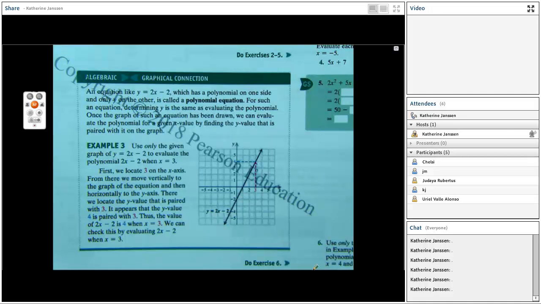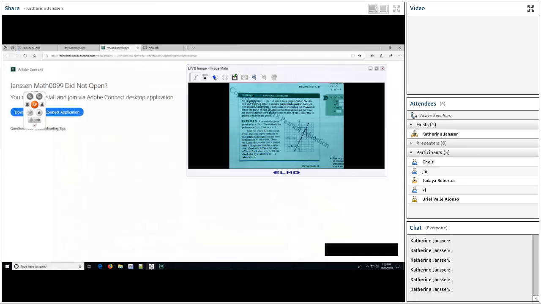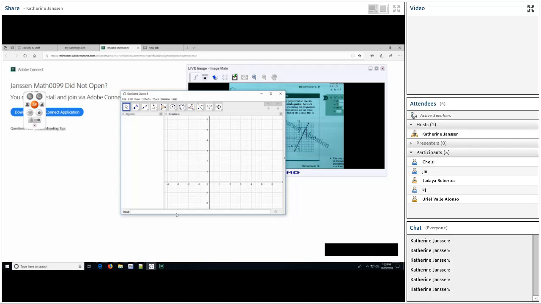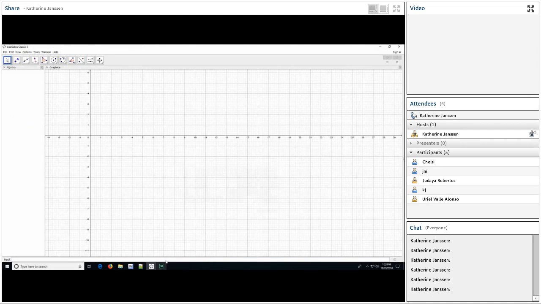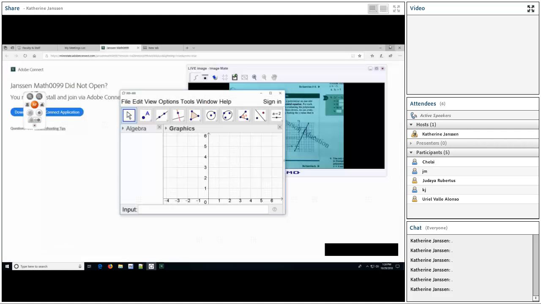But we'll introduce GeoGebra. Again, GeoGebra is our free graphing utility. You'll want to download that according to the directions that I gave you in the overview document. Kind of setting this up for demonstration now today.